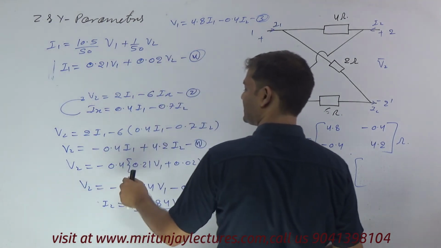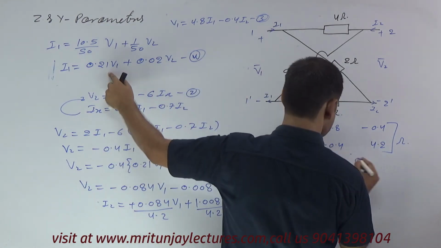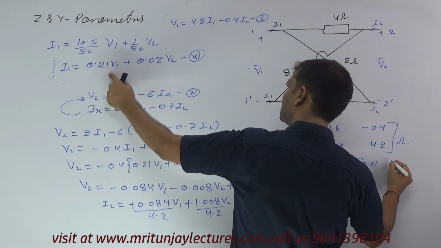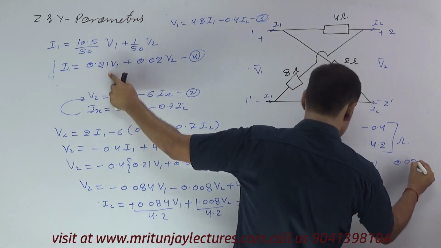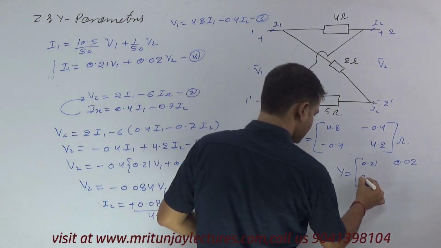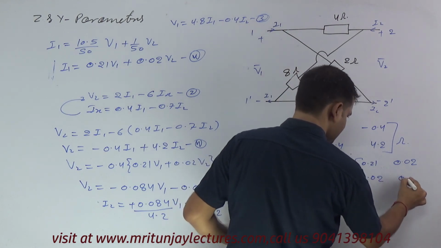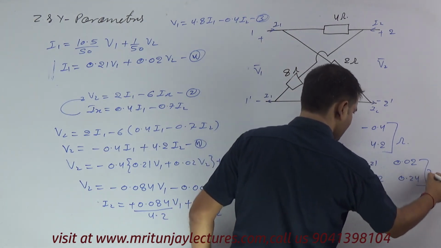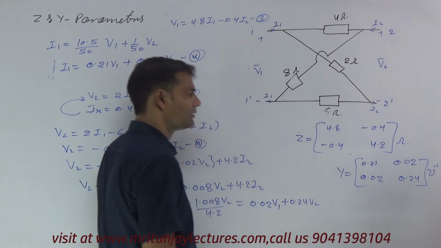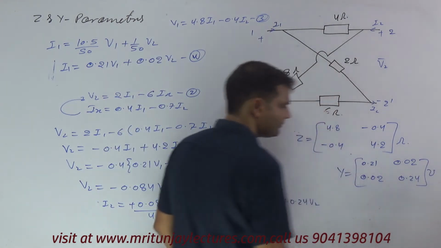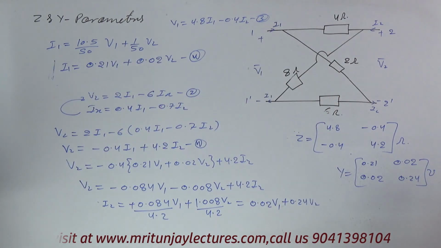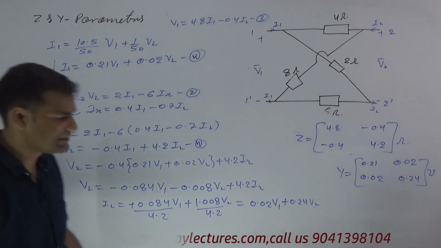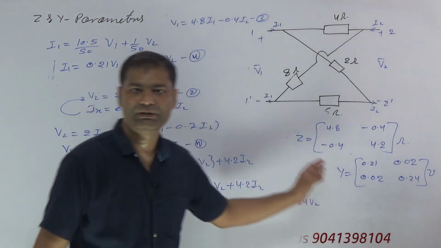Y parameter corresponding to, that is 0.21 and that is 0.02, and here that is 0.02 and that is 0.24 ohm inverse. Okay, so finally we got corresponding this one. If any H parameter, G parameter, you can also determine, make it.